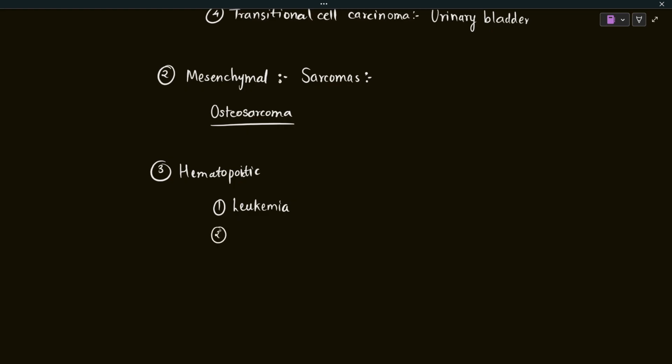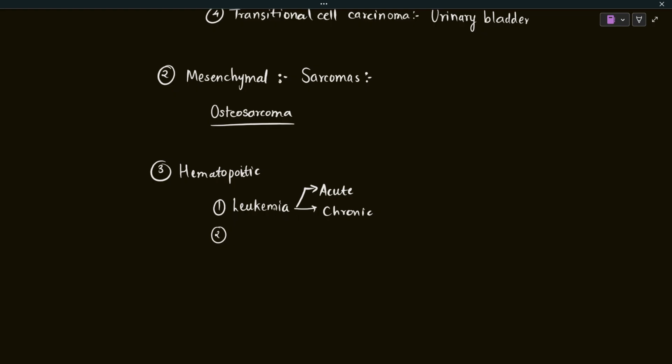So the blood forming tissues like bone marrow. In leukemia there is again characterization of acute leukemia and chronic leukemia, like acute myeloid leukemia and so on. We will learn about that in detail in the specific lecture about leukemia.